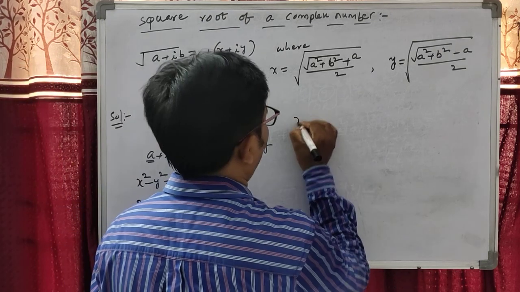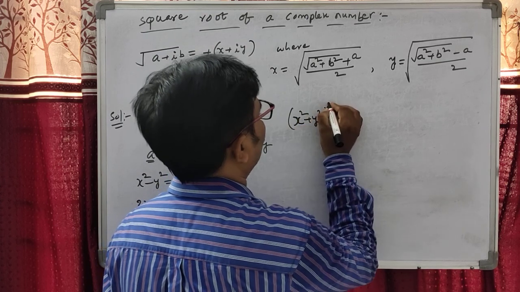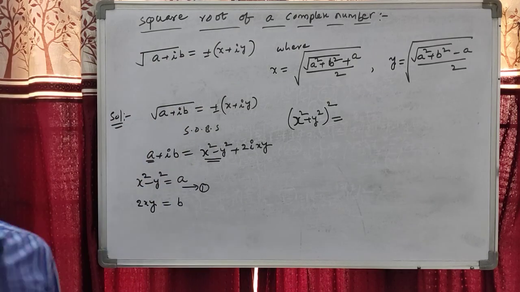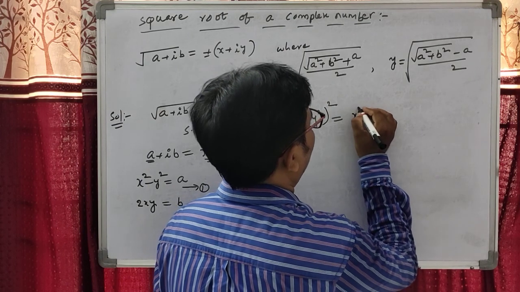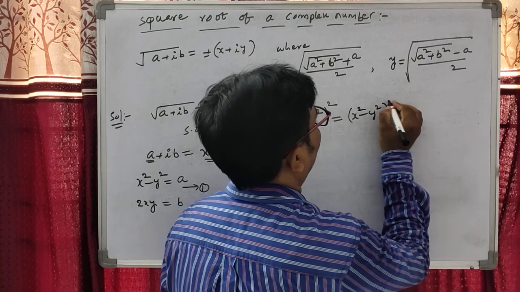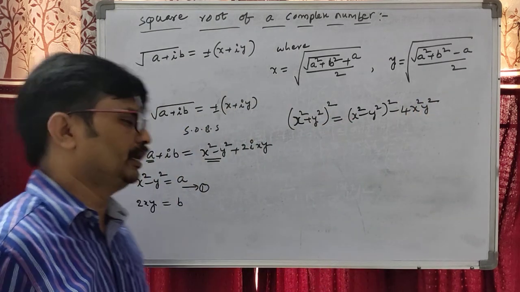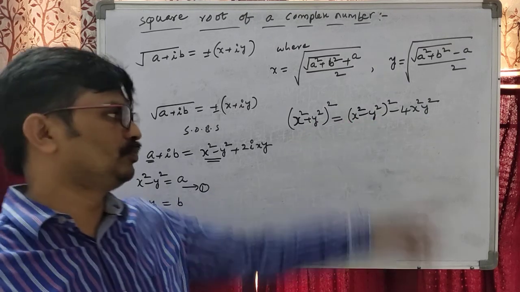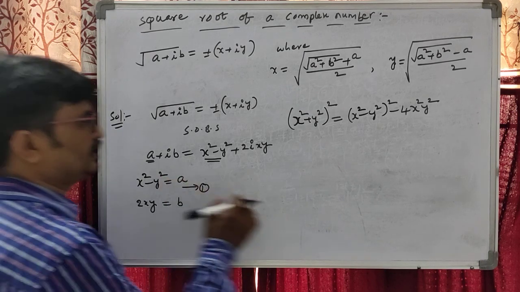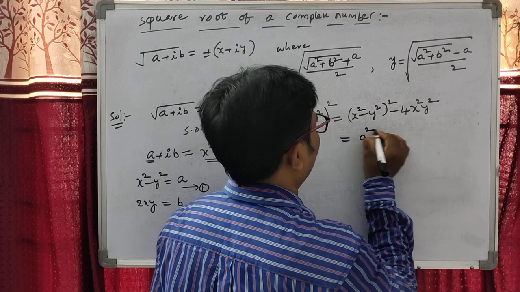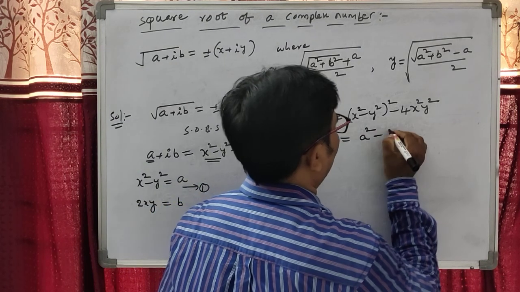Now all of you first find the value of (x square plus y square) whole square. How to write it, students? (a plus b) whole square is (a minus b) whole square plus 4ab. So this can be written as a square, and then 4x square y square is b square.